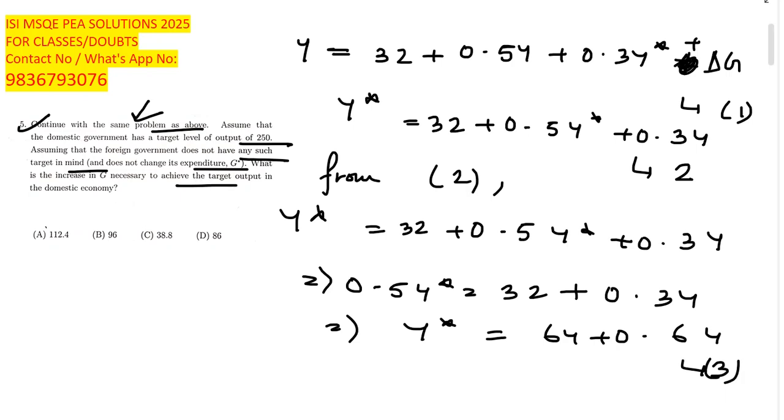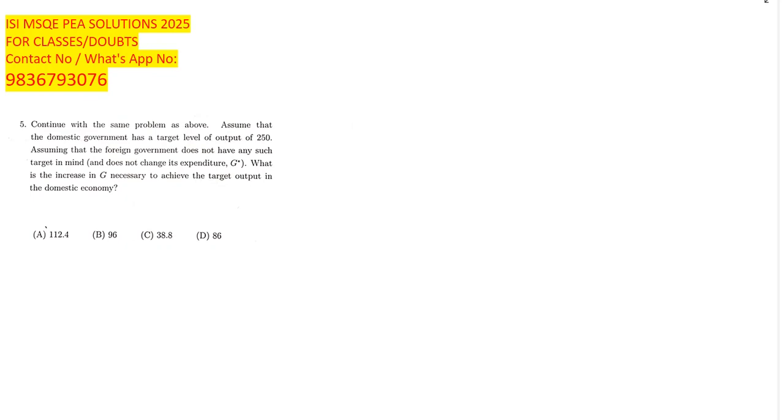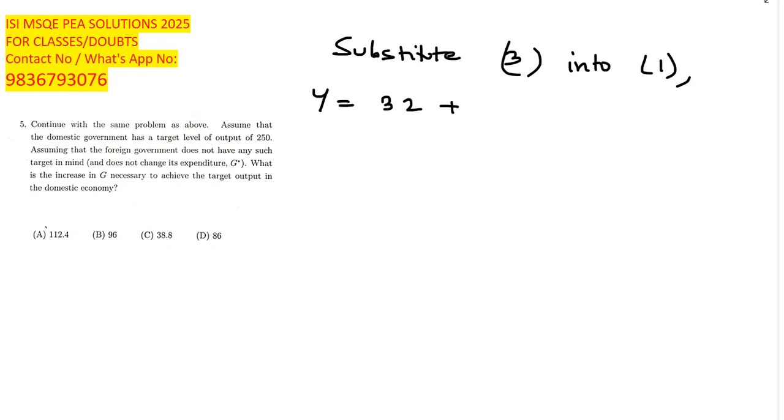So what we do is substitute 3 into 1. Now y equals 32 plus 0.5y plus 0.3 times (64 plus 0.6y) plus delta G.